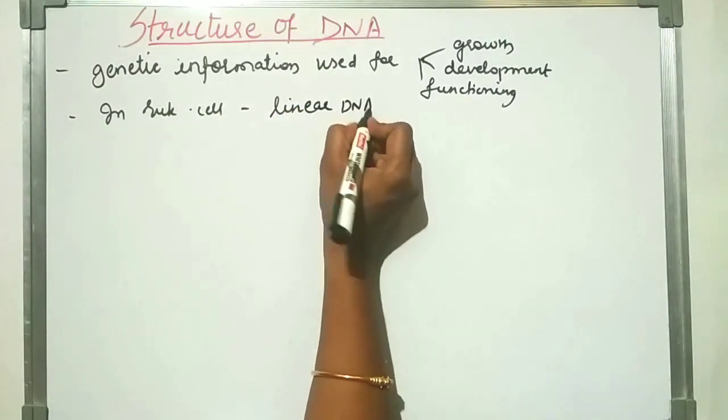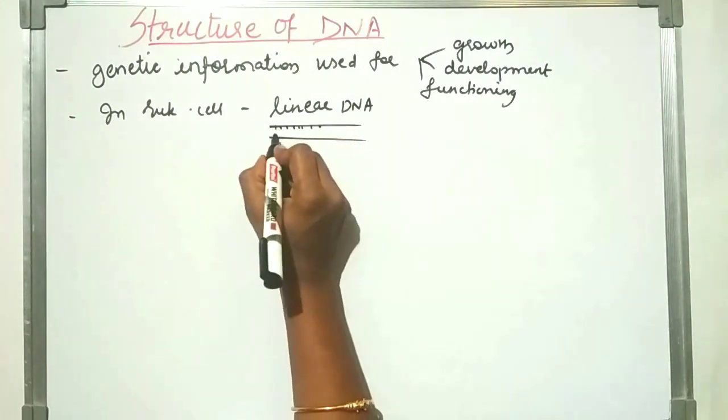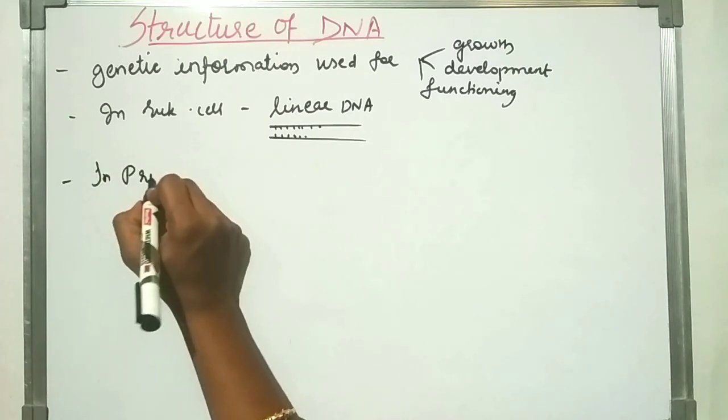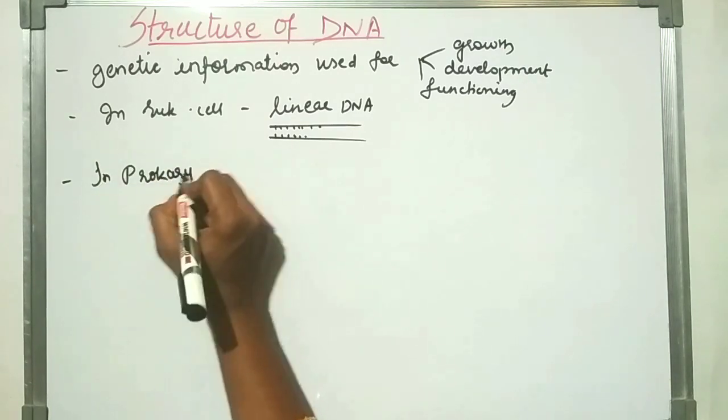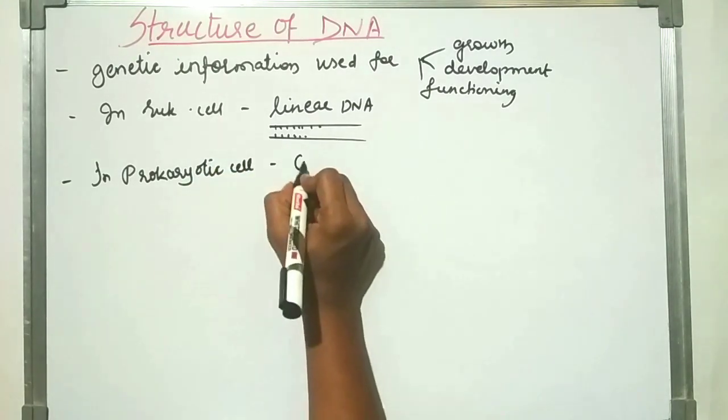In a prokaryotic cell, it's a circular DNA.